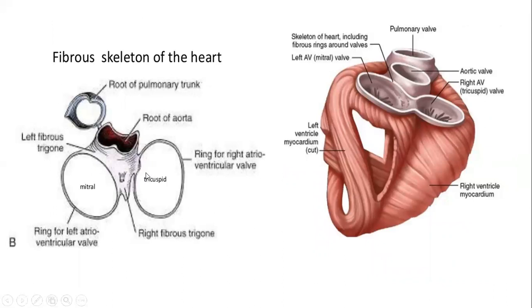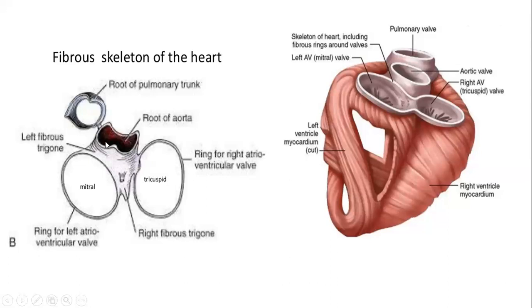Let's see two other diagrams in order to completely understand the location and the attachments of the different structures with the fibrous skeleton of the heart. Here you can see the two openings, mitral and tricuspid, the left and right valves that open between the left and right atria into the left and right ventricles respectively.